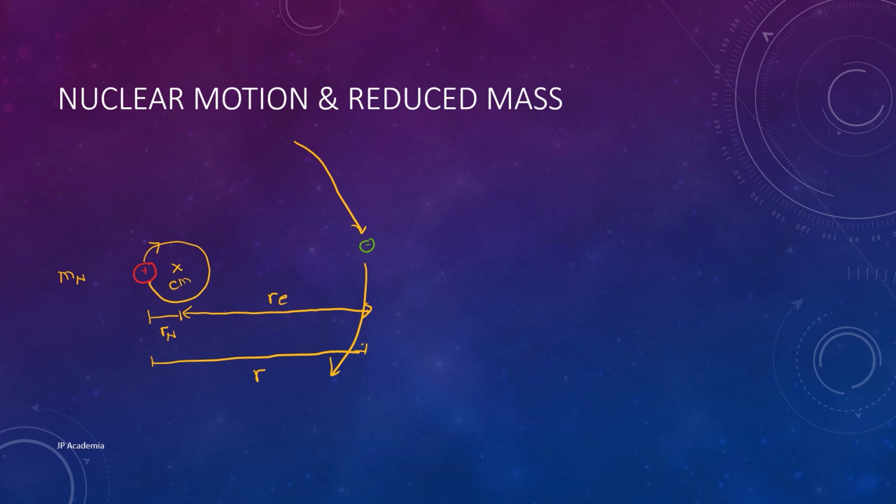This agreement actually can be improved if we did not assume that the nucleus, which is the single proton, remains at rest. The proton and electron both move in circular orbits as shown about their common center of mass, with this x here. We have this Rn, Re, with respect to this orbiting electron.